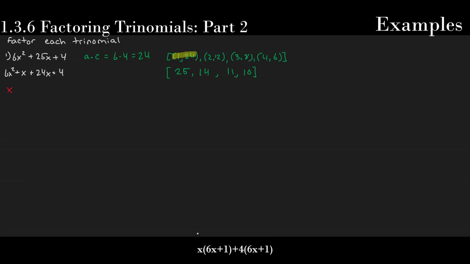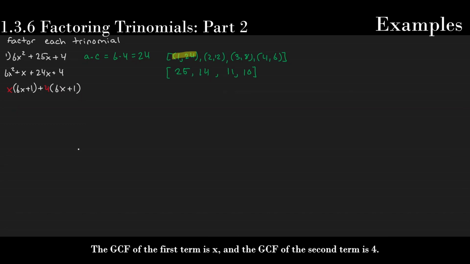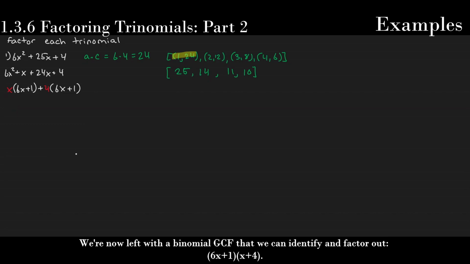x times 6x plus 1 plus 4 times 6x plus 1. The GCF of the first term is x, and the GCF of the second term is 4. We're now left with the binomial GCF that we can identify and factor out. 6x plus 1 times x plus 4.